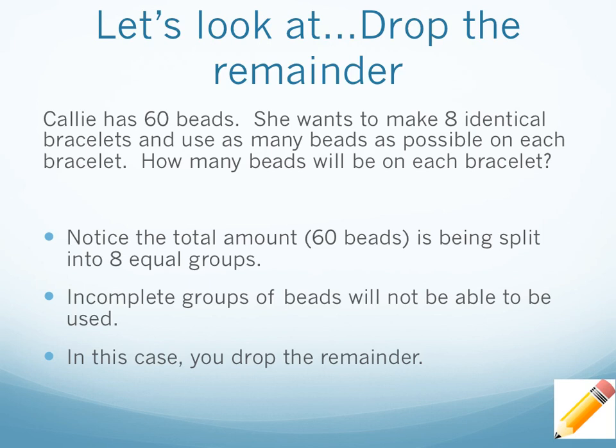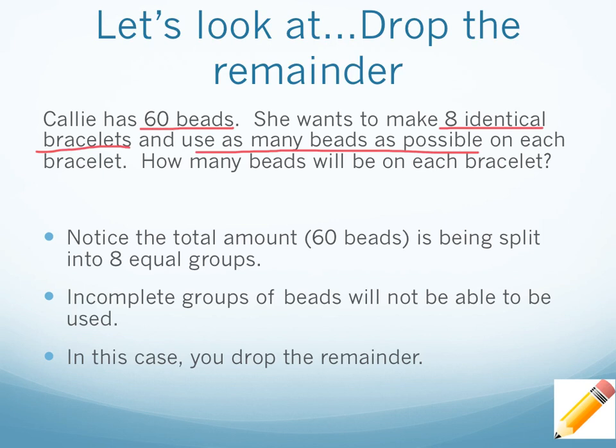I still have a total amount of 60, in this case 60 beads. And those 60 beads now are going to be split to make 8 identical bracelets. That means that each bracelet's going to have the same number of beads. Callie also wants to use as many beads as possible.